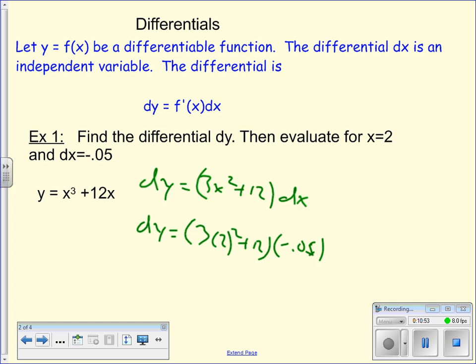Why is it negative 0.05? Because I told you it was negative 0.05. Because you're given that information. So I start my x coordinate at 2, and I move it negative 0.05. How much does my y move? If I change my x value this much, how much does my y value change? It doesn't tell me the new value, this tells me how much it changes.